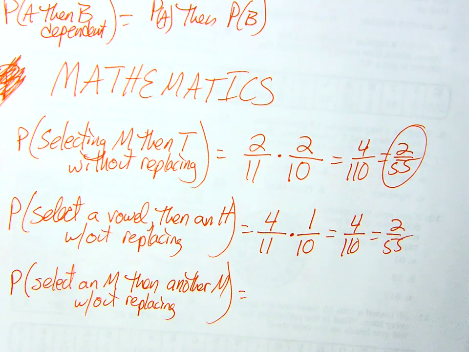We're playing some weird game where you will win if you pick two M's in a row. Figure out the probability that that's gonna happen.